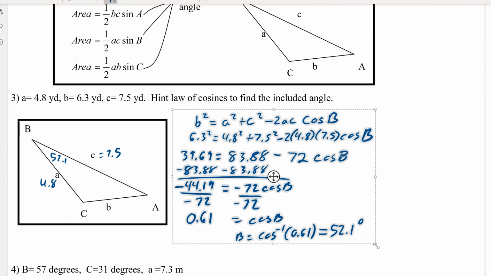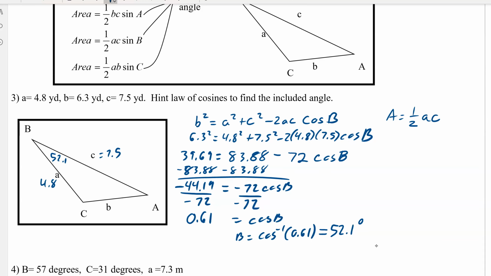Okay. So our area here is 1/2 AC sine B, because we have angle B. So it's the same idea as when we were doing before. If you had A, you would be using BC. If you had B, you'd be using AC, and C is AB. It's very nice and patterned.